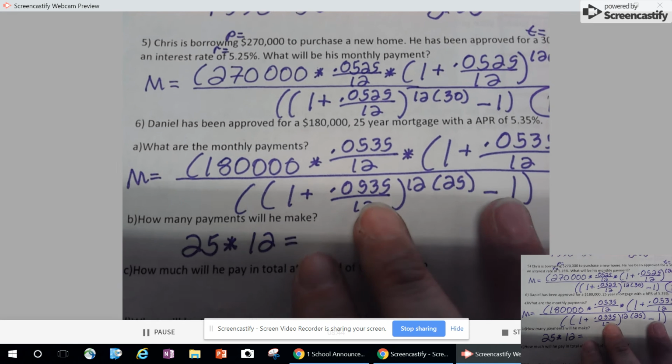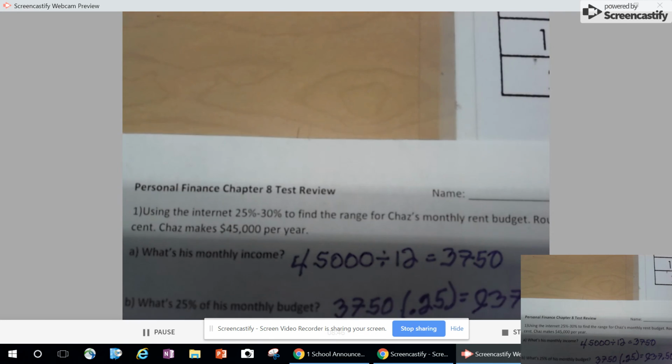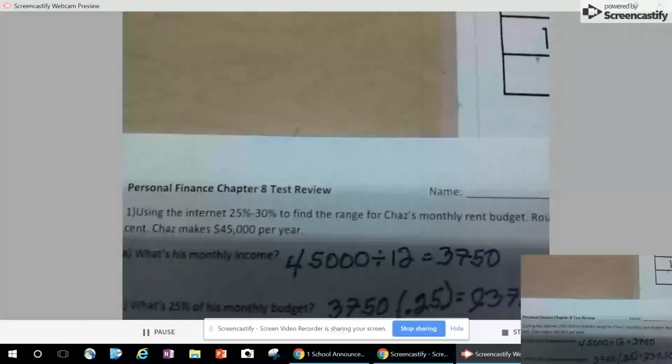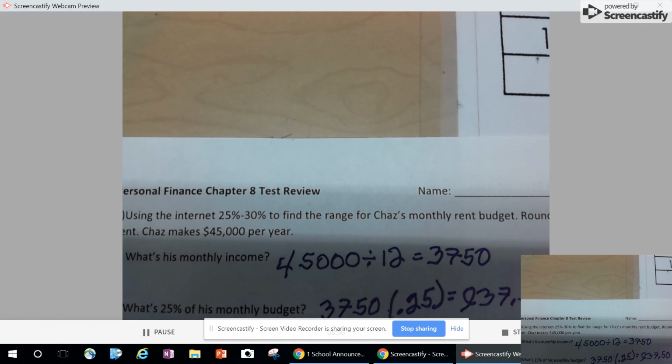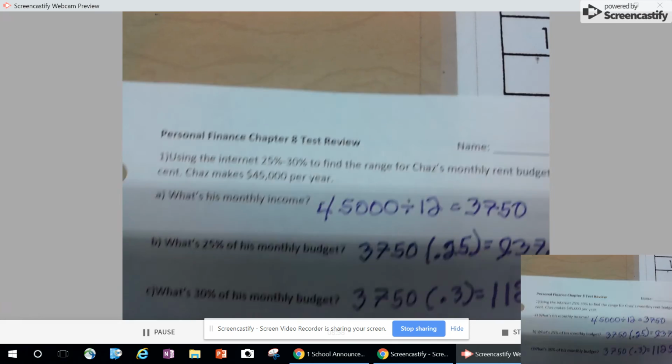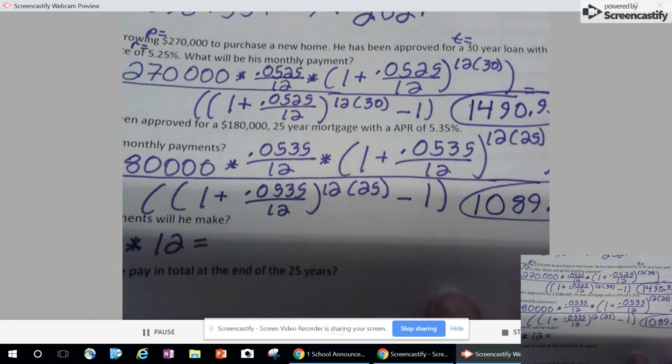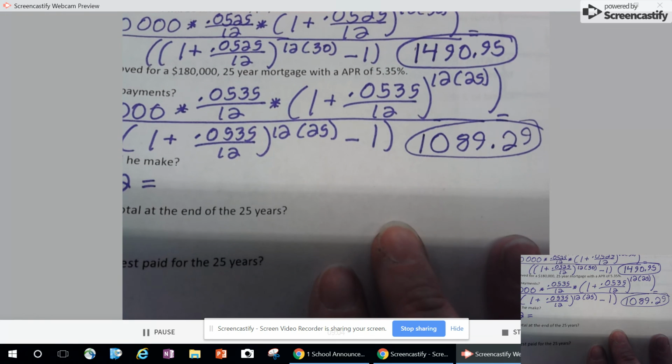So I got for Daniel that his monthly payment is going to be $1,089.29. So that's what I got for his monthly payment. Okay, so double check that you got the same answer.